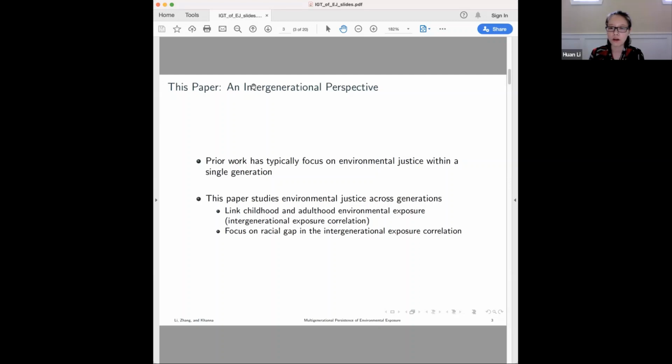Eventually we want to understand why people sort themselves into similar environments rather than jumping out to a different environment. So in the end of this paper, we try to come up with an equilibrium sorting model to understand people's behavior in terms of how and why they choose different areas to live.